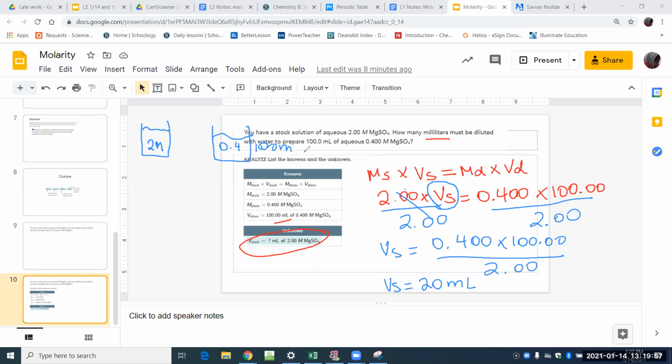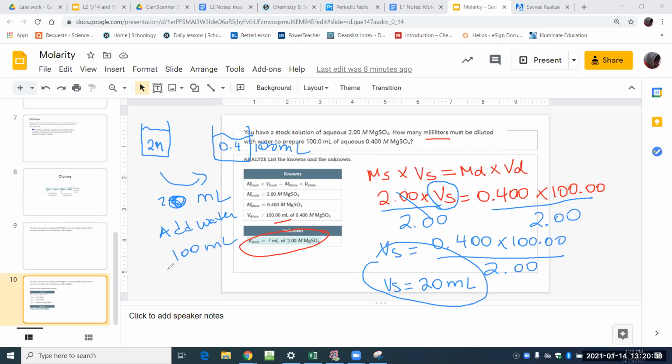Let me repeat that again. You have a 2 molar solution, so a very strong stock solution, and you need to make a new solution, actually much weaker, about 0.4, but I need about 100 mLs of it. Based on my answer, you would take about 20 mLs of the stock and stick it in there, and then the rest you'd add water until you reach 100 mLs.